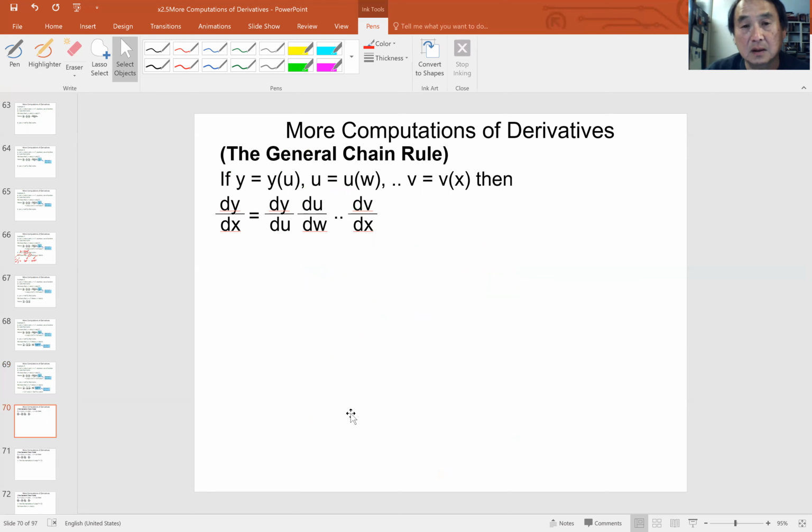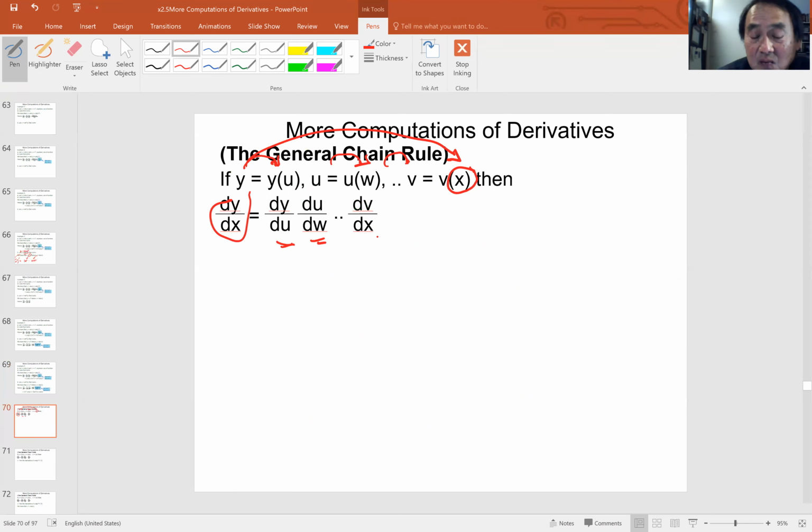Now, here are multiple layers. The chain rule just says if y is in terms of u, u is in terms of w, and so on, then if you want to take the derivative of y in terms of the last input variable x, you just multiply the derivative of each stage.